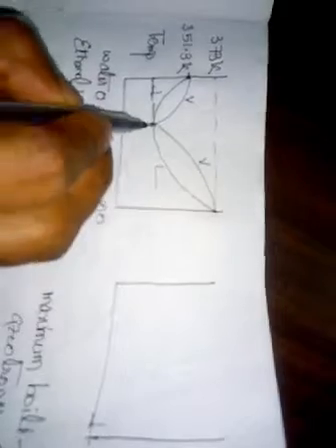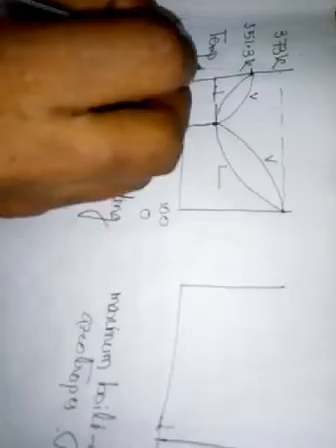And this point where we get minimum boiling point azeotropes, at this particular composition, that is 4.6% of water and 95.4% of ethanol, the boiling point is lower than that of water as well as ethanol, and that is 351.15.